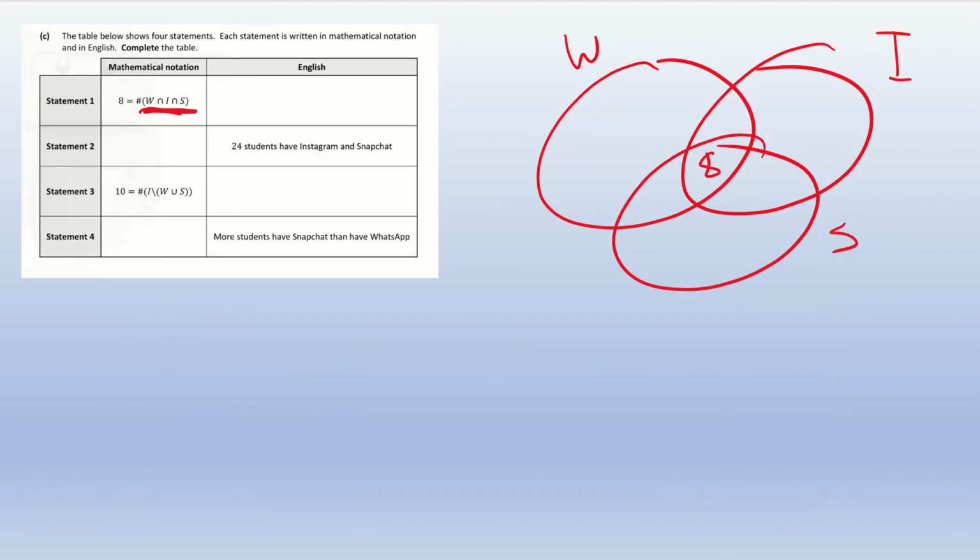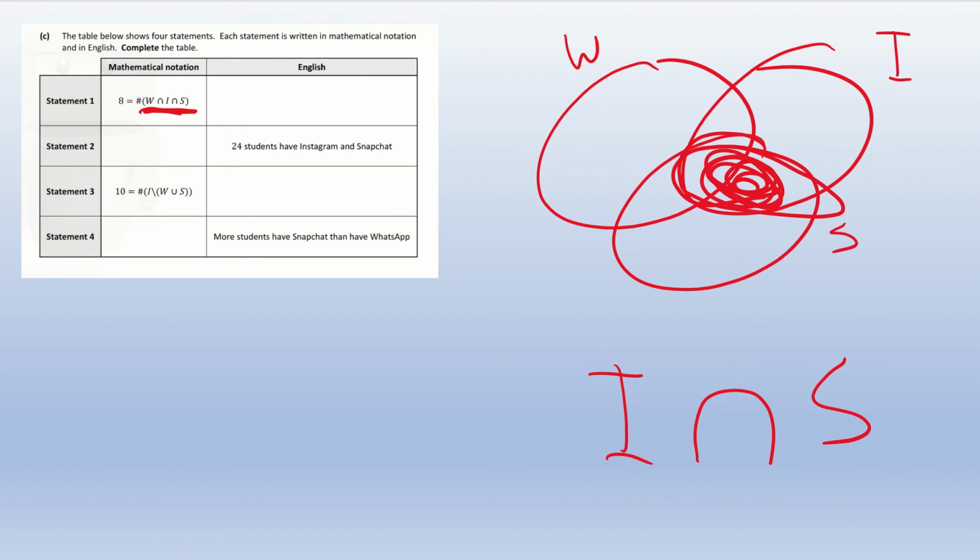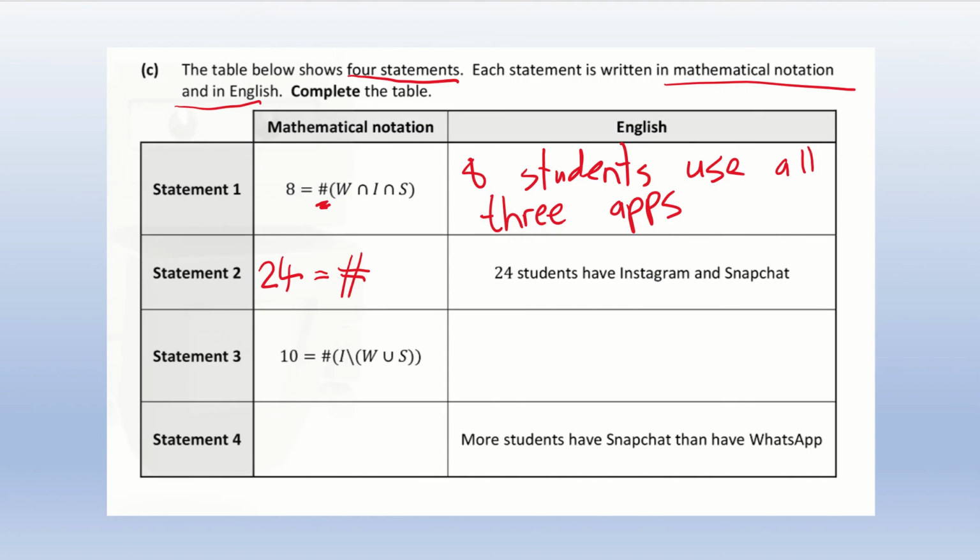Let's go back to my rough work here. Instagram and Snapchat is going to be this part here. So that's going to be I intersection S. So I'm going to put in brackets Instagram intersection Snapchat. So 24 people are the amount of people who have Instagram and Snapchat.